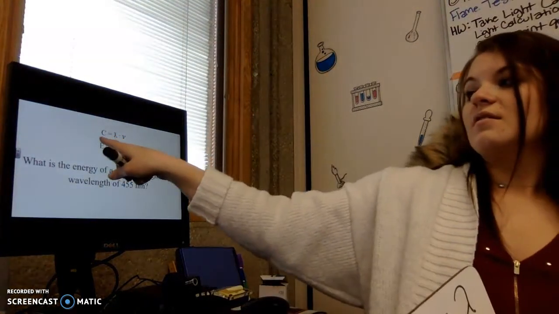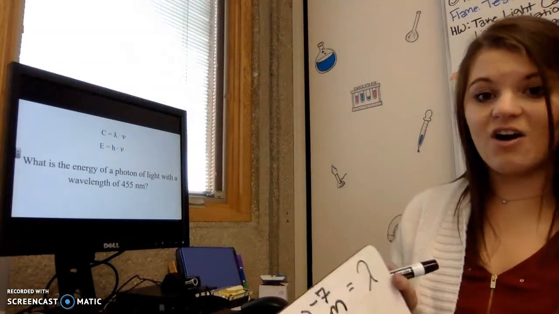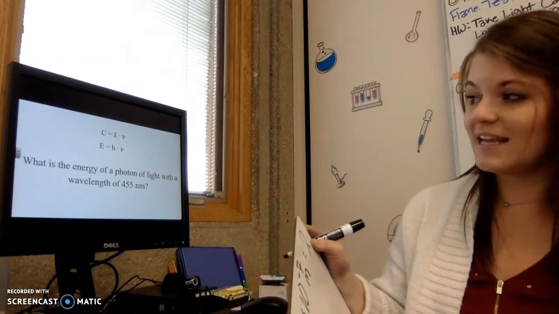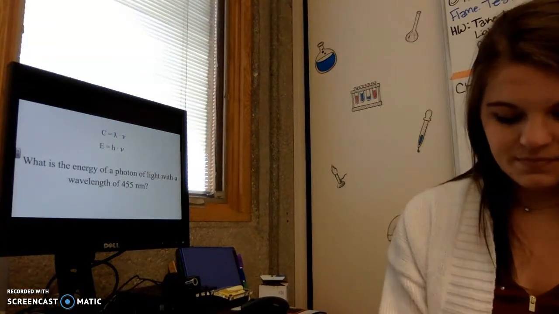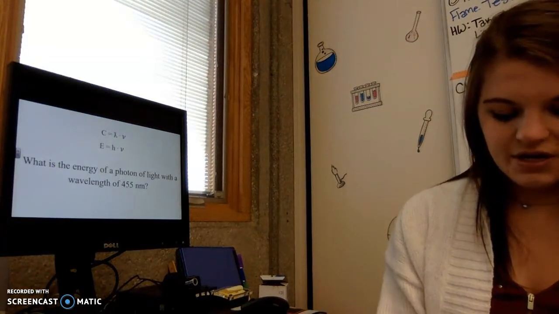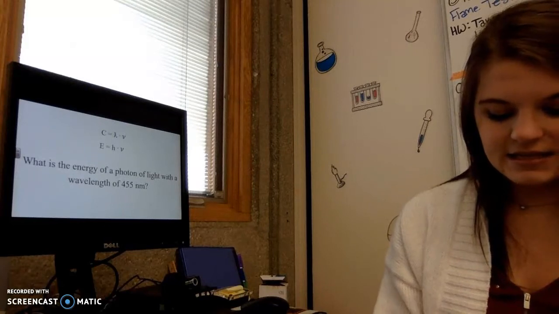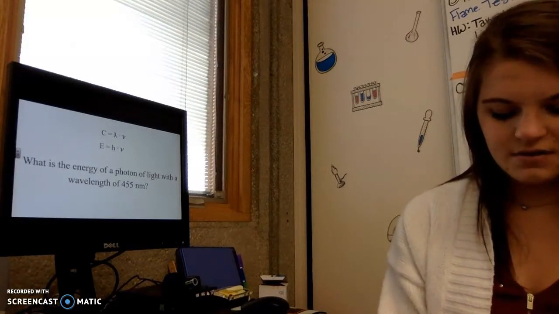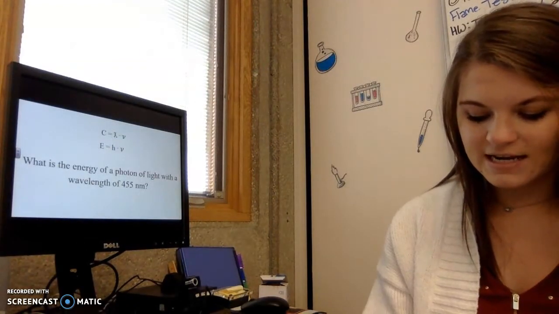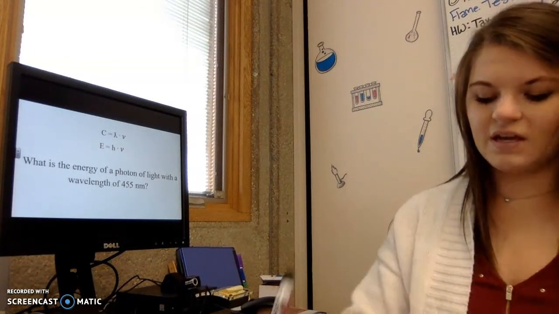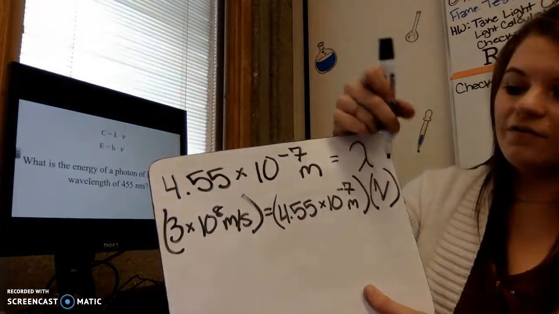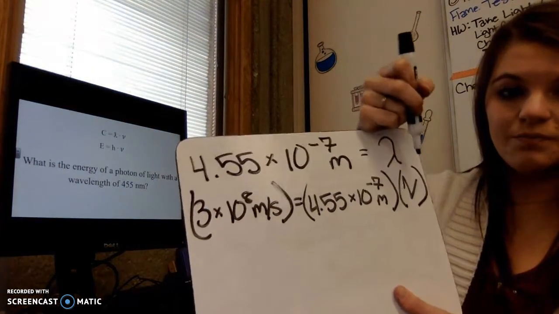Wavelength, we have the speed of light, that's a constant, that's 3 times 10 to the 8th. So let's solve for frequency. So let's do 3 times 10 to the 8th equals the wavelength that we just calculated, 4.55 times 10 to the negative 7th, and we're solving for frequency, or nu.